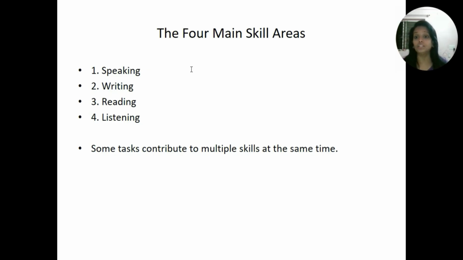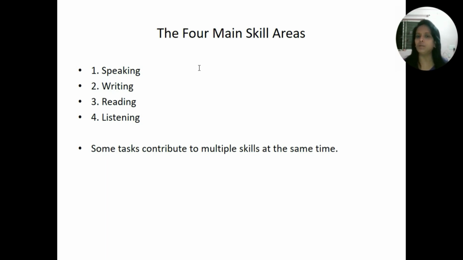Reading, which measures your comprehension, understanding of context, vocabulary interpretation, and how you analyze logically. And the fourth one, listening, which measures your ability to identify details, interpret meaning, understand spoken context, and process information quickly.